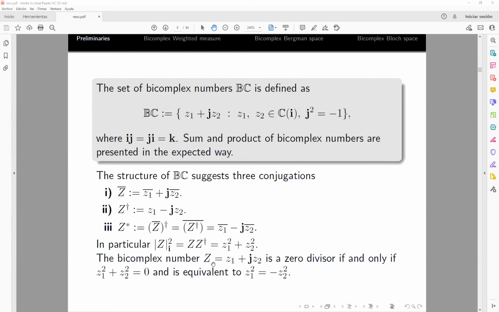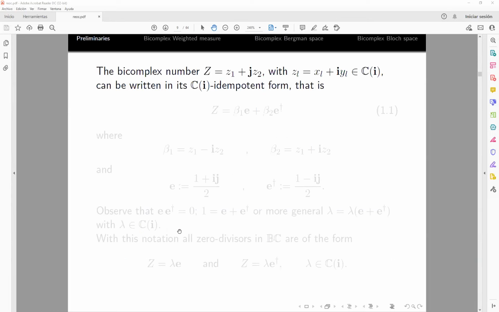In particular, the bicomplex number z1 + j z2 is a zero divisor if and only if z1 squared plus z2 squared is equal to 0. Equivalently, we have this inequality. So it is necessary to recall that we have zero divisors, and we characterize exactly the zero divisors by this equality.